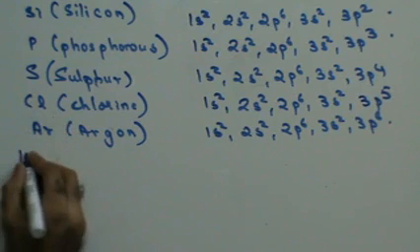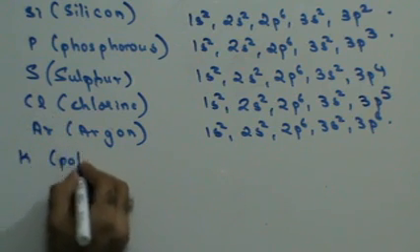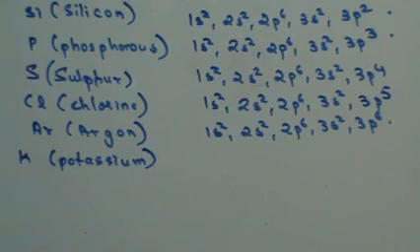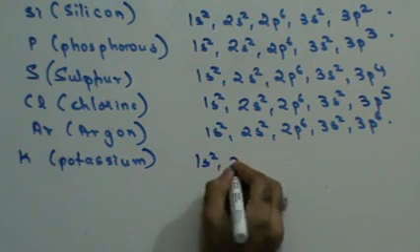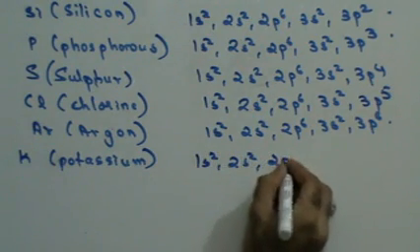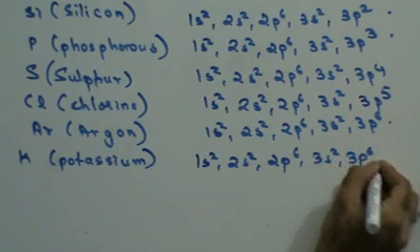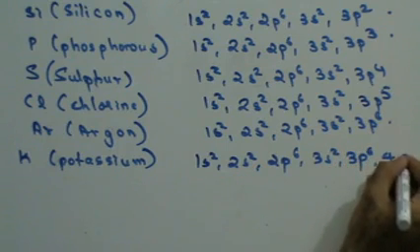Potassium. Someone please do the electronic configuration of potassium. 19. Now the Rutherford electronic configuration of potassium is 2881. Now think how you will write it there. 1s2, 2s2, 2p6, 3s2, 3p6, 4s1.